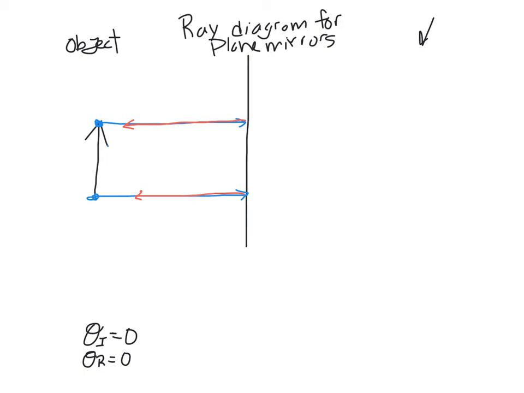Now, I can pick an incident ray going wherever I want to in the general direction of the mirror. It does not matter at which angle it meets the mirror, and the reason for that is when we're thinking about light bouncing off an object, we consider there to be almost infinite amounts of light, and they're going to be bouncing in all different directions.